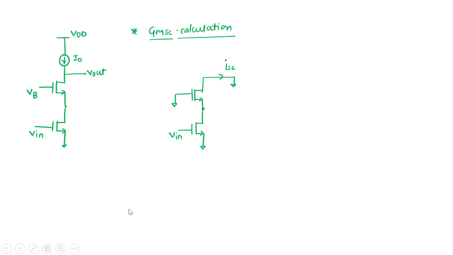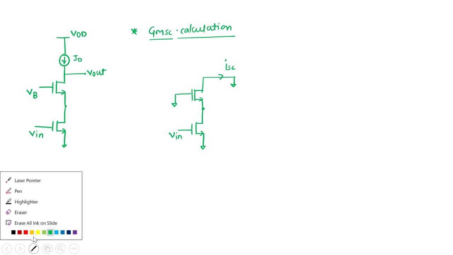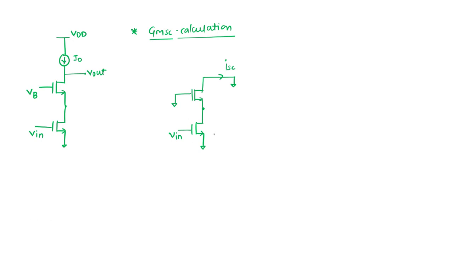The only source generating current is the input device, which has V in as its input signal. If I call the devices M1 and M2, the signal current generated is GM1 V in. This is the only current generated by this device and there is no other path, so it has to follow this path.